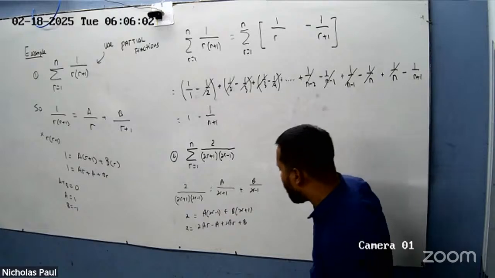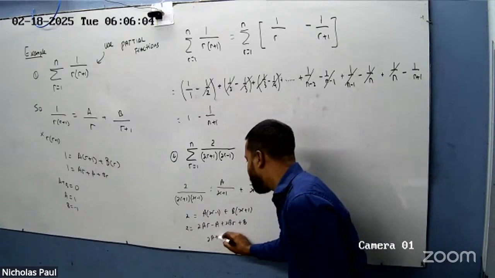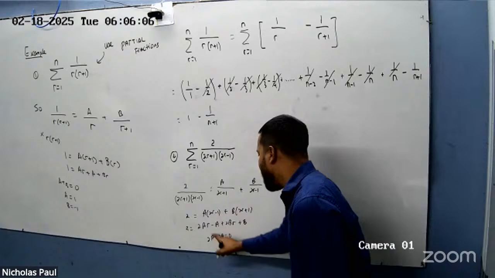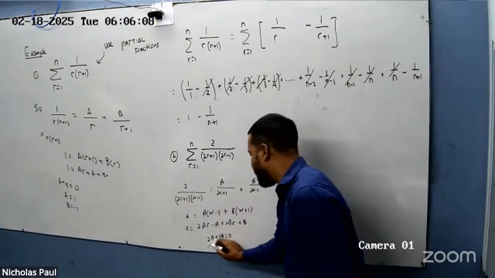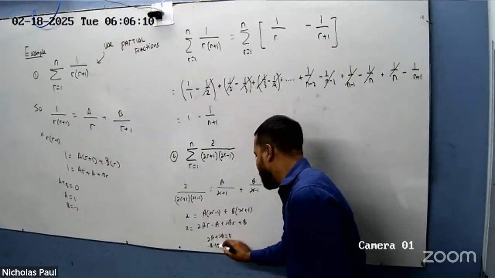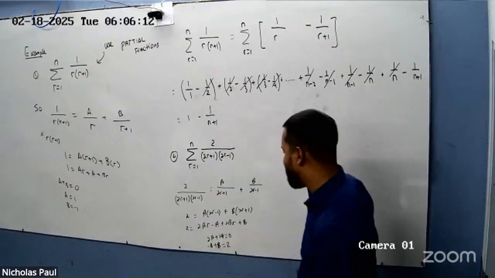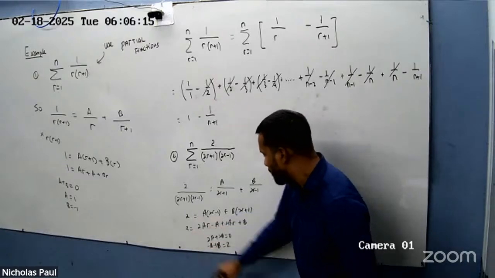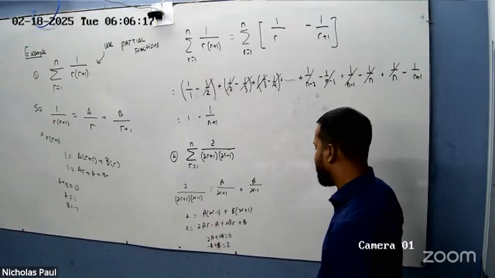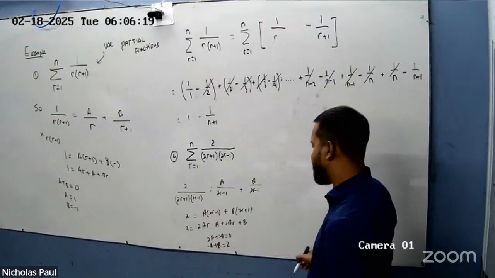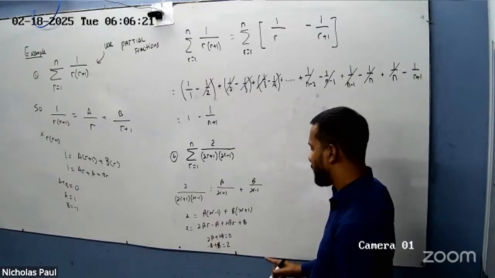Right, so we will end up with 2A plus 2B is 0, and you'll end up with A minus B, or minus A plus B, is 2. A is 1 and B is minus 1. Oh, B is minus 1 and A is 1. No, A is minus 1 and B is 1.